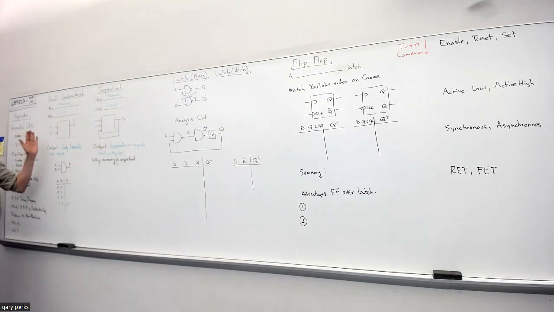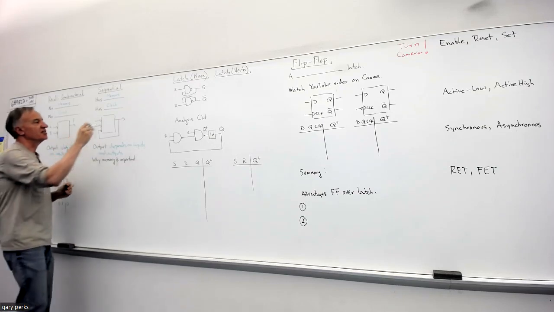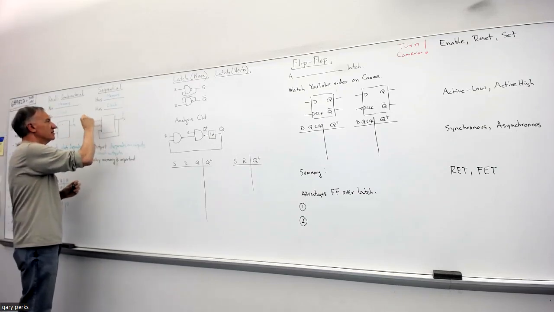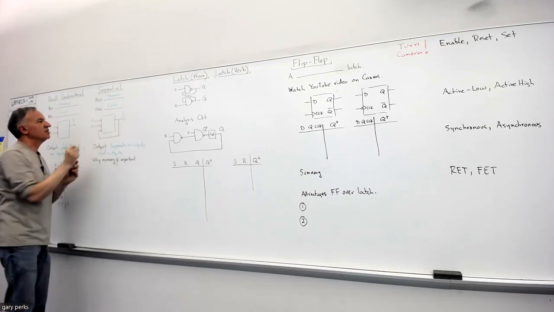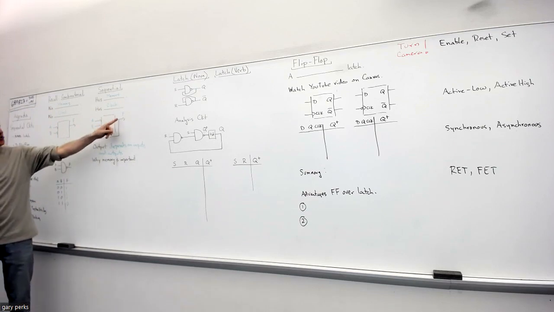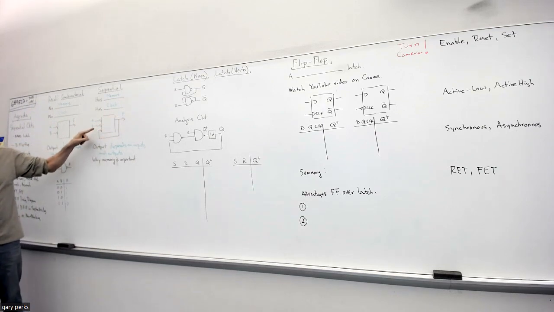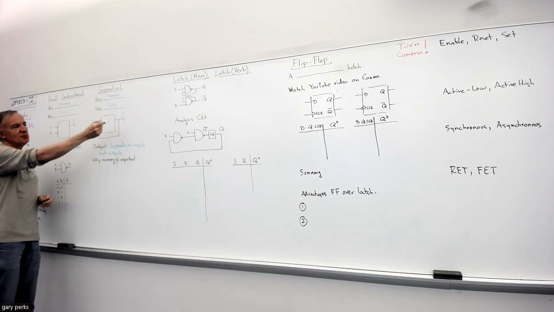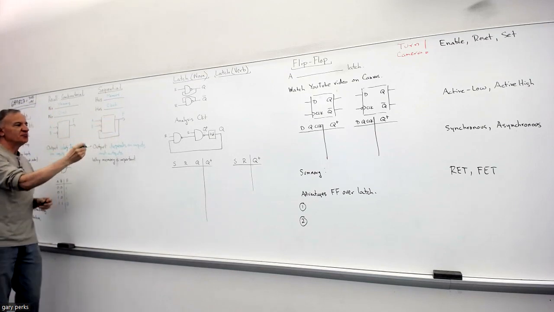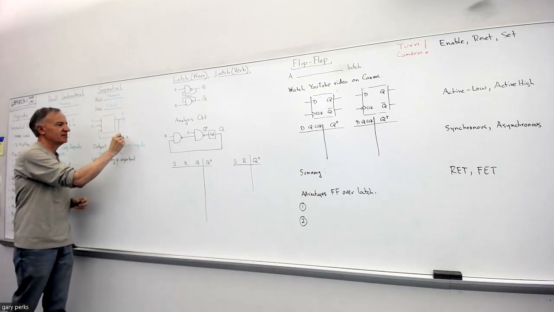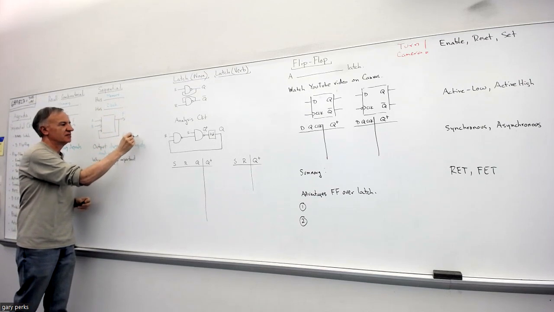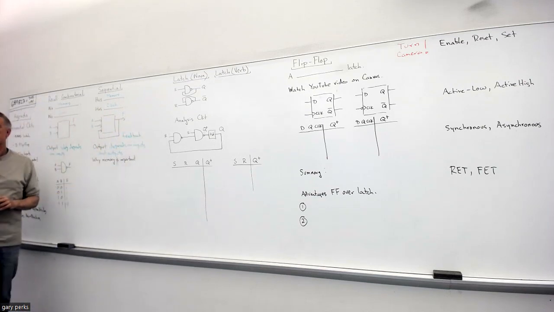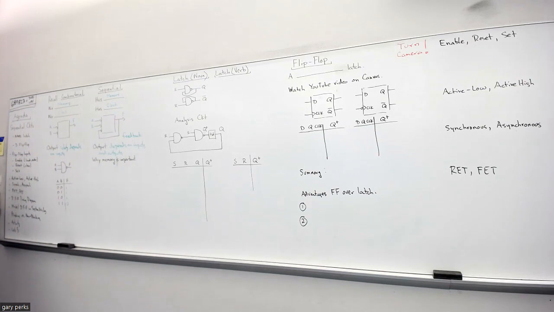In combinational, the output only depends on inputs. In a sequential circuit, the output not only depends on the inputs, but also on the output. So you see here, there's a connection between the output and an input. When you have this type of connection between an output and an input, it's called feedback. So sequential circuits have feedback where combinational circuits do not.